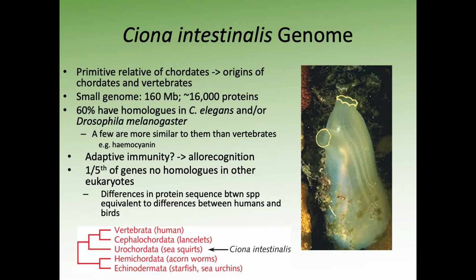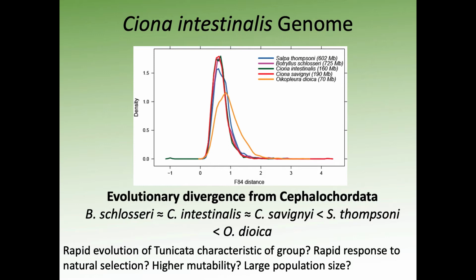So it's a really diverse set of organisms, and it's interesting to think about what this means. If we look at their evolution and divergence patterns, this is looking at how divergent these proteins are for these organisms. These are all eukaryotes: Salpintomyces, Bacillus slosseri, Ciona intestinalis, Ciona savigny, Oikopleura dioica, all these organisms.